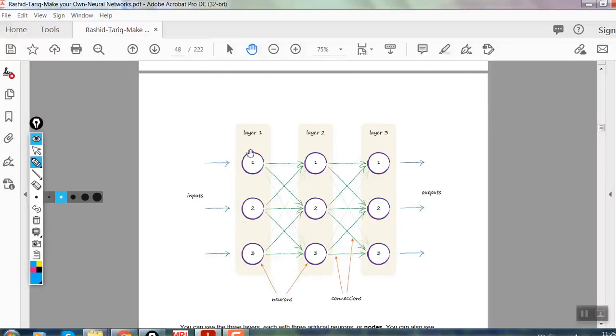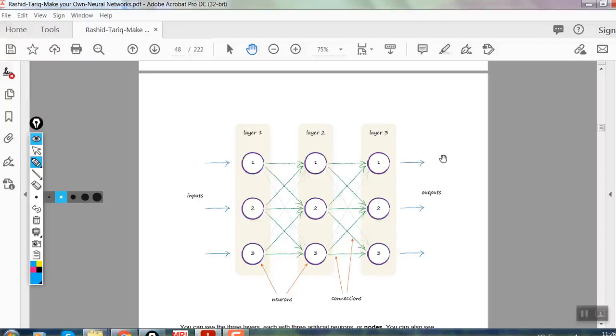The signal reaches the neurons, then passes through each neuron and arrives at the second layer, and then the outputs of layer 2 arrive at layer 3, and finally we have the outputs.